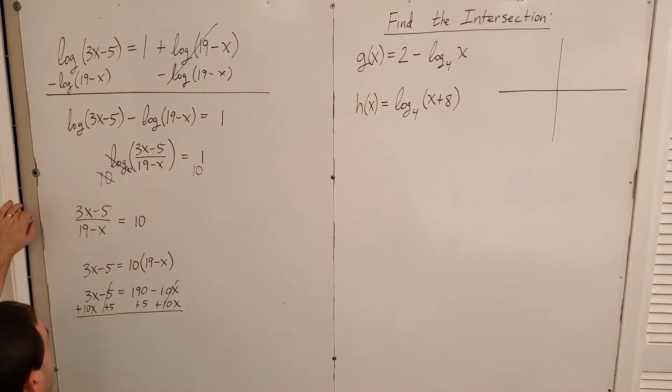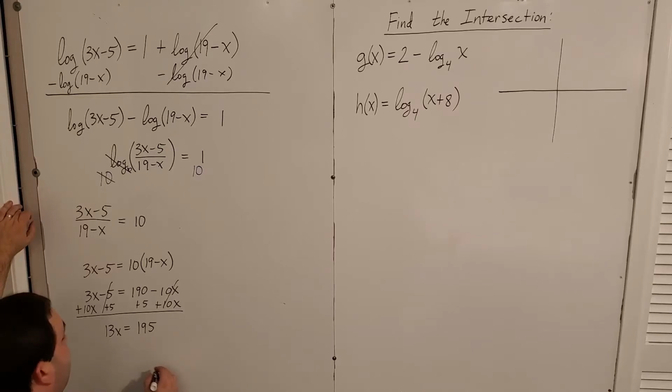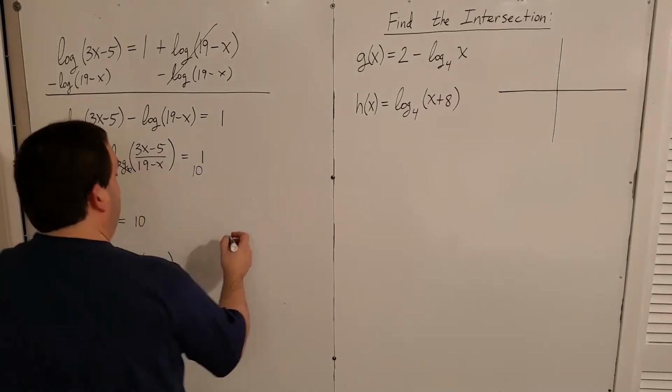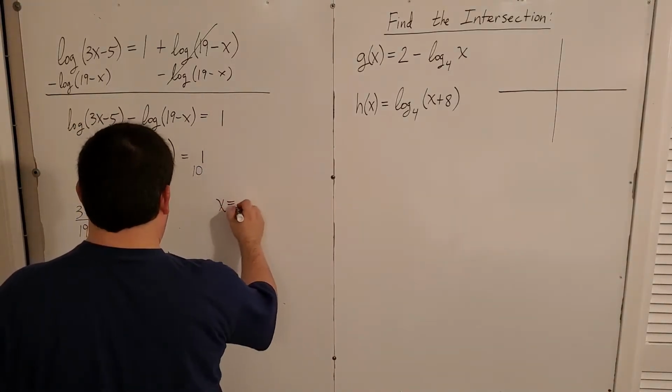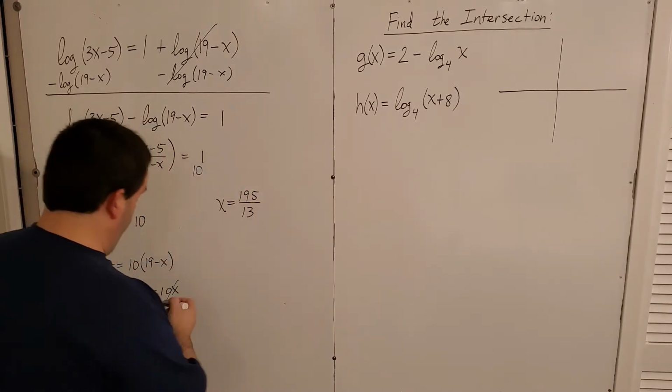Okay? So what does that leave me with? I have 13x is now equal to 195, right? So I just divide both sides by 13, and I'll get that x is equal to 195 over 13.